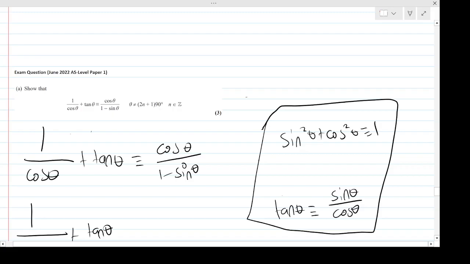But yeah, you do need to learn them. They're not in the formula book, so just be aware. But you need to be able to apply them to prove other identities like this one, right? So that's the whole essence, right? With identities, we work with one side and then we eventually get to the other side and we show that they're equal, okay? But that is trig identities then. So I'll see you next time.